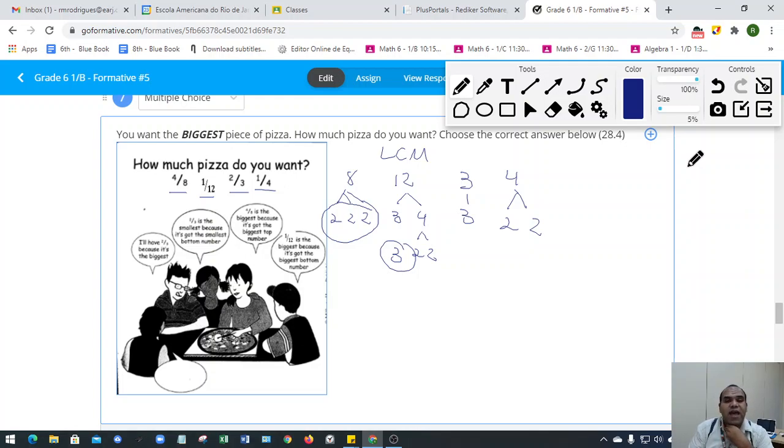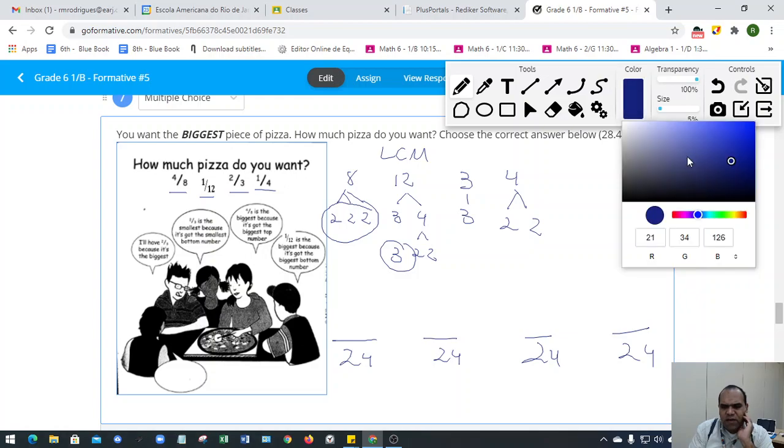Right now, multiply all the numbers highlighted. 2 times 2 times 2 is 8. 8 times 3 is 24. The common denominator, the like number they have, is 24. 24, 24, 24, and 24.